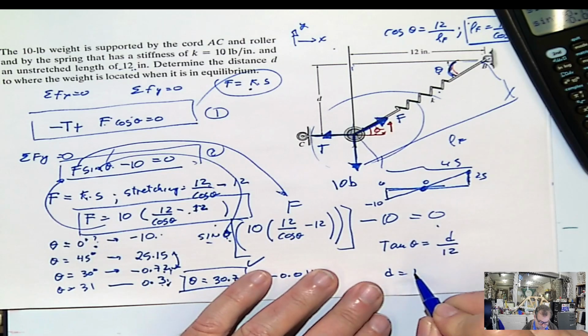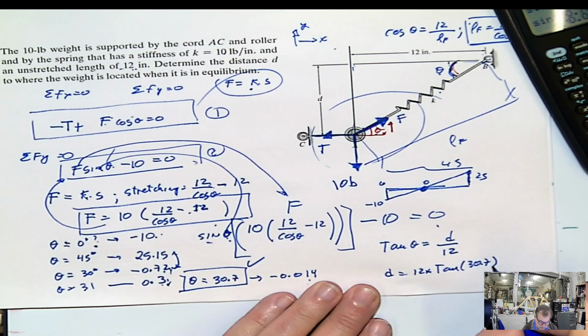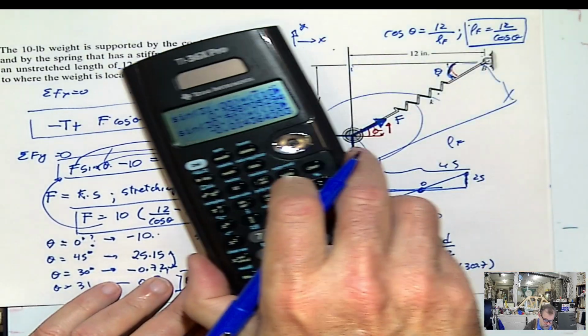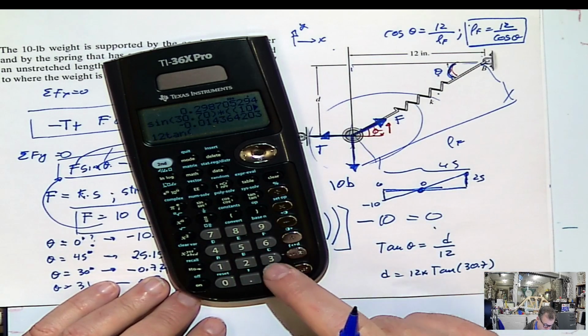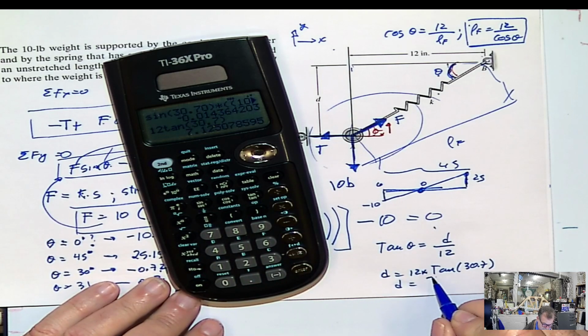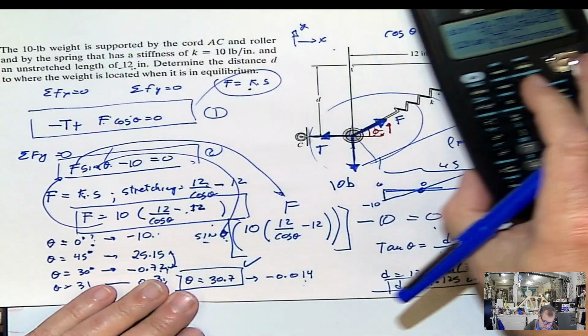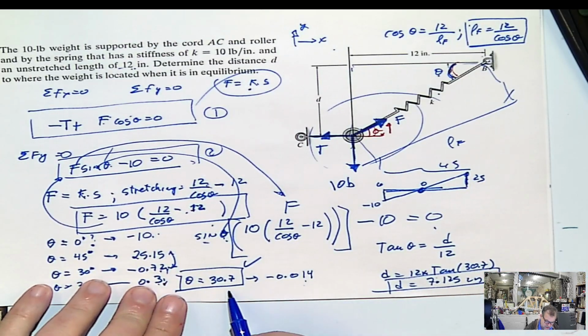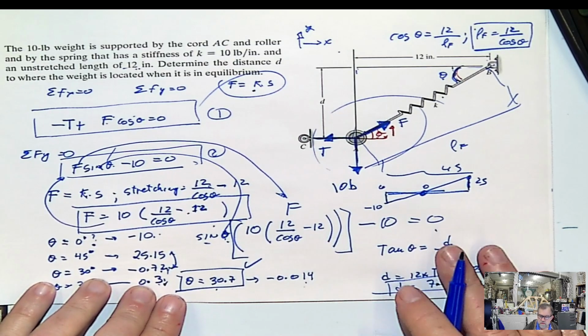So d will be 12 multiplied by the tangent of 30.7. 12 tangent of 30.7, d equals 7.125 inches. What will be the answer? The answer will be d equals 7.13 inches, let's say, and the angle will be 30.7.